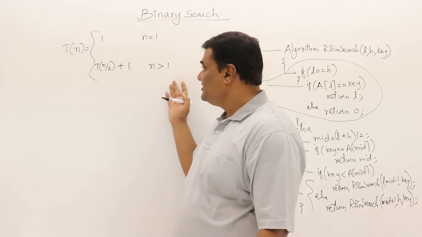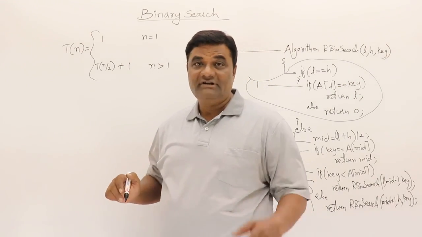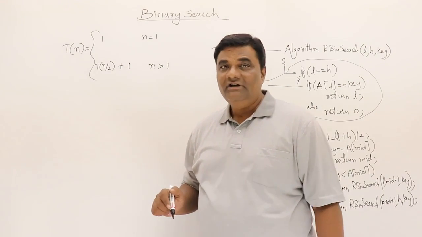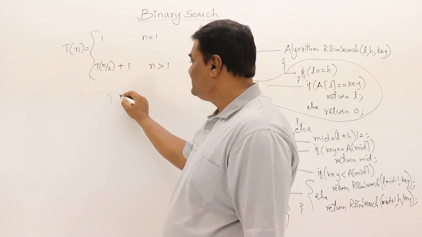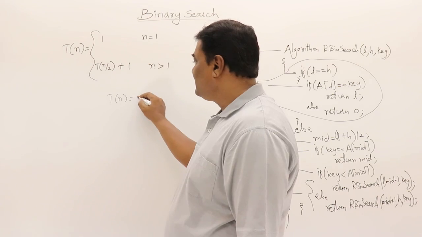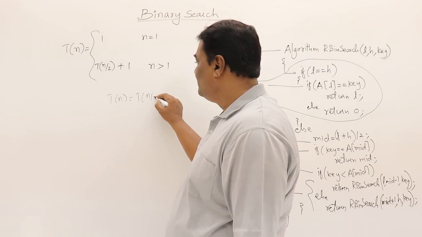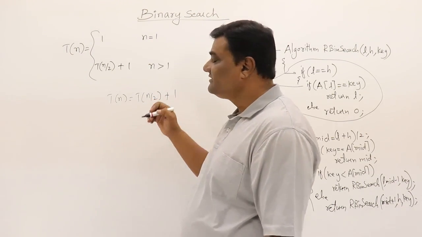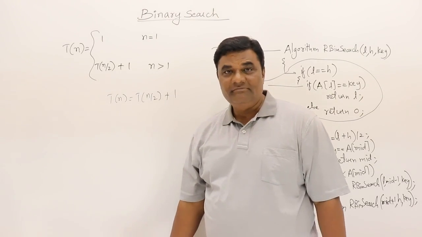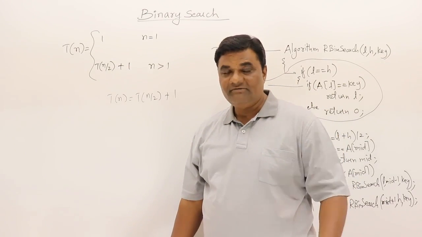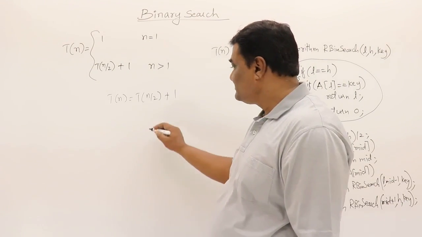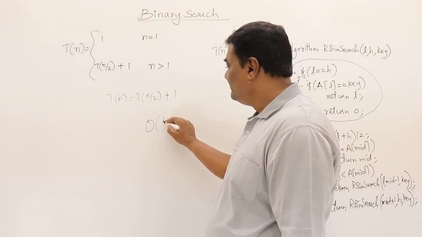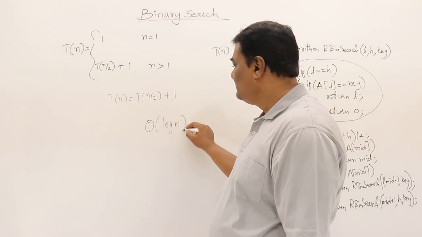Now this recurrence relation, you are familiar with. Already I have a video for this one, mentioned in the title of that video. You can watch how to solve this one. And even for the master theorem, there is a video available, which we have already seen. So the time for this one by applying master theorem is theta of log n.